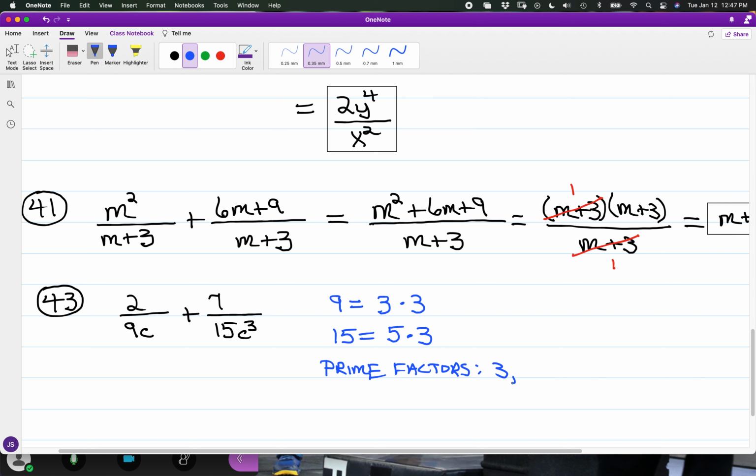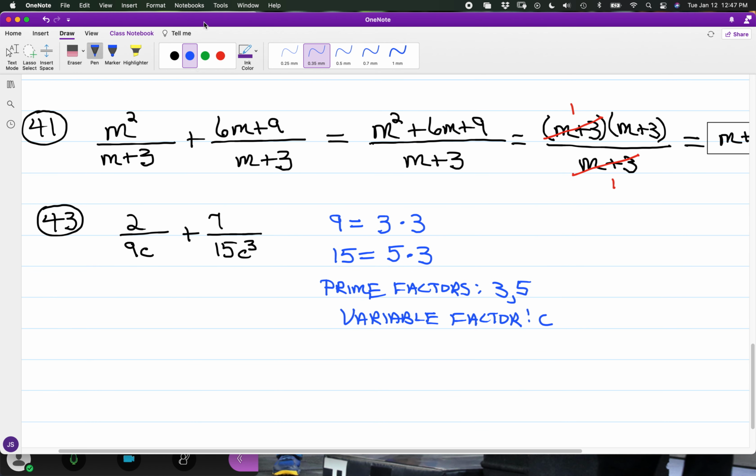So we have the prime factors 3 and 5, and for the variable factor we have just the letter C. Now, to write the least common denominator, for the prime factors we use the greatest number of appearances from each of the factorizations.